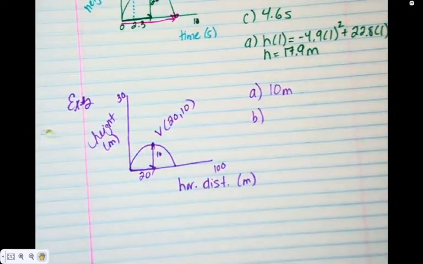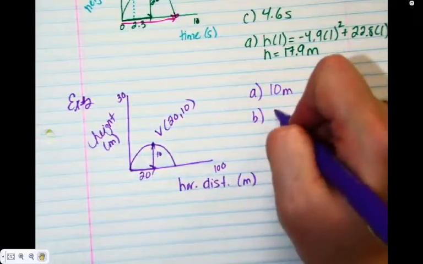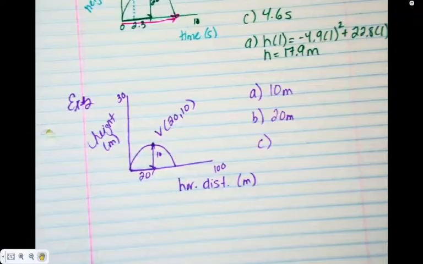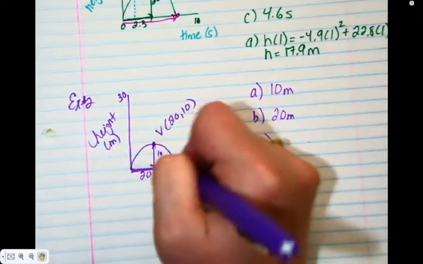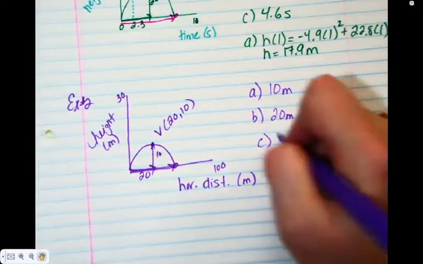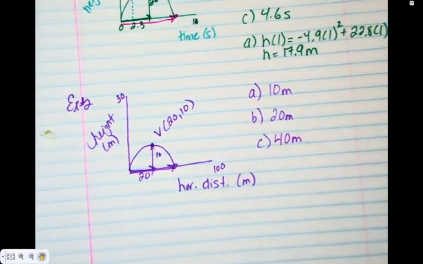Horizontal distance when it reaches the max height. Horizontally until it hits the ground, so all the way back to the other x-intercept. Has to be 40. Why? 20 times 2.